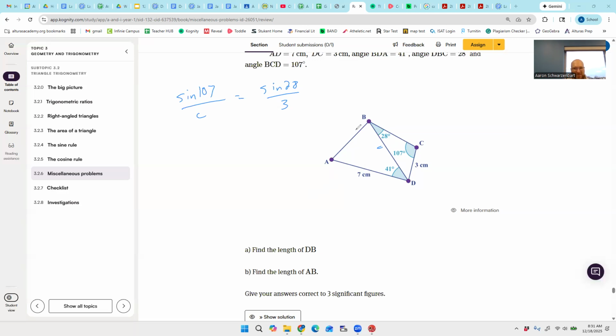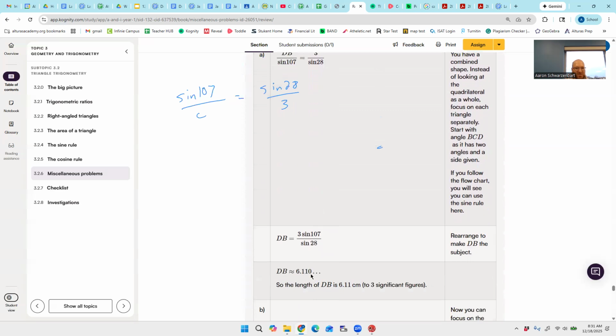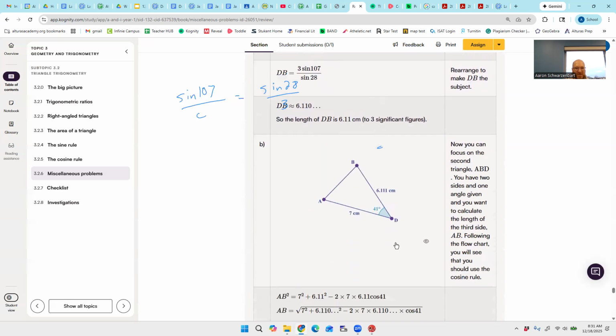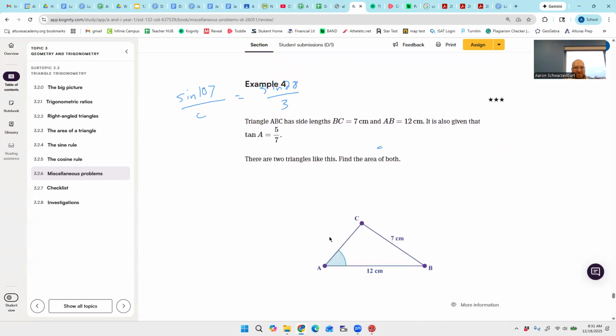And then you use law of cosines to get this one. So you get 6.11 for the first one. Then you use law of cosines. This is simple enough. I think I understand.